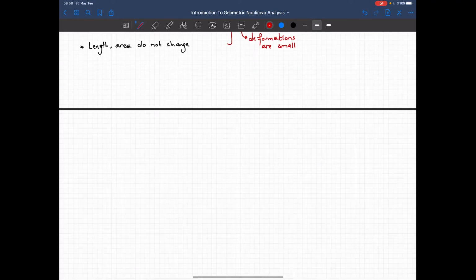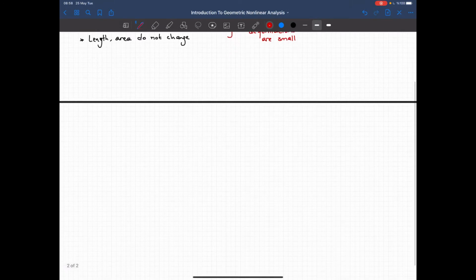Now let's take a look at the second order analysis, or I would say geometric nonlinear analysis. Sometimes it's also called the second order analysis.